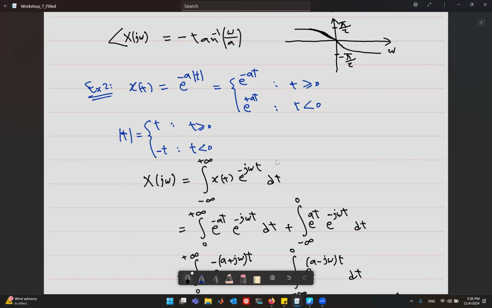If we want to plot this signal, first of all, it's real. But if we want to check if it's even or odd, let's have a look at the plot. When t is positive, we have a decaying exponential, from 1 and exponentially decaying.